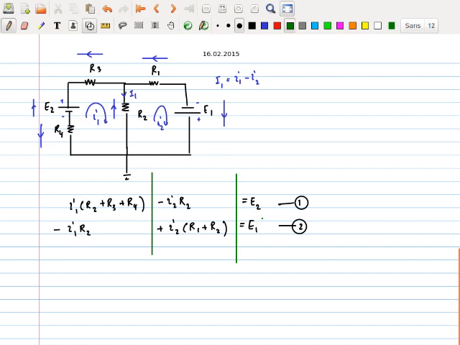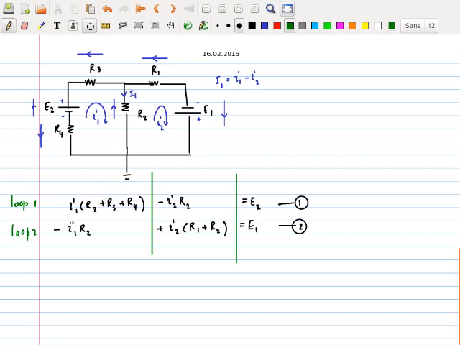Let's look at the first row. You realize the first row was about loop 1. And the second row, probably the way we obtained the equation was looking at loop 2. Now let's look at the first one here.